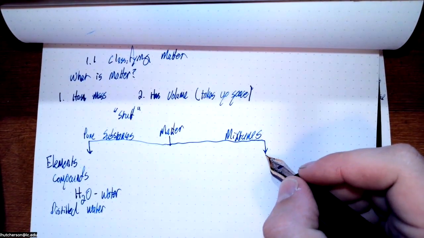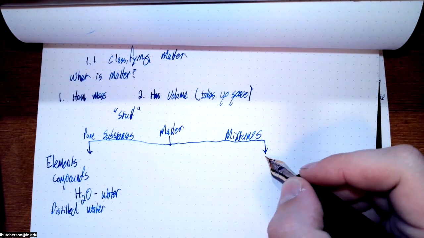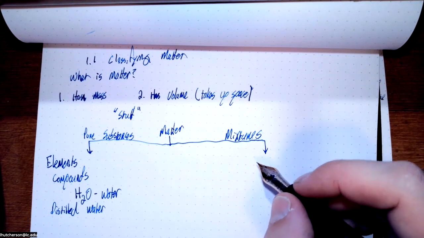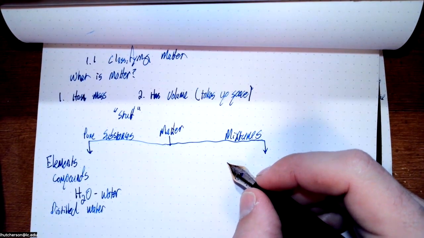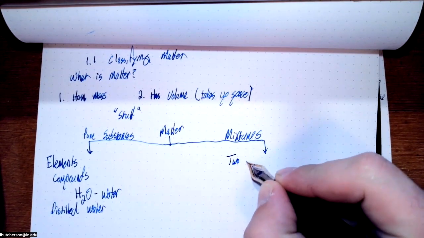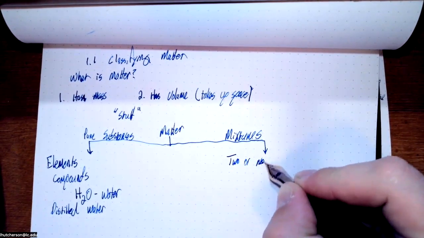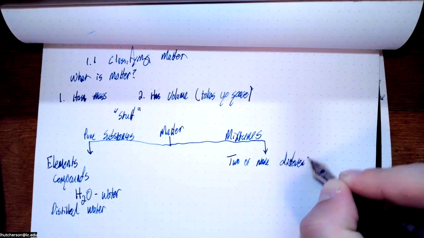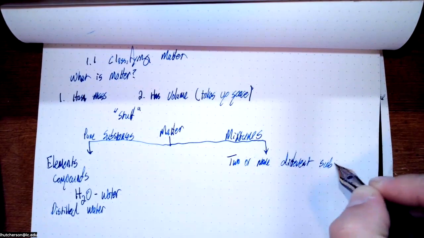Now, we can then talk about mixtures, right? What is a mixture? Mixture is 2 or more different substances.